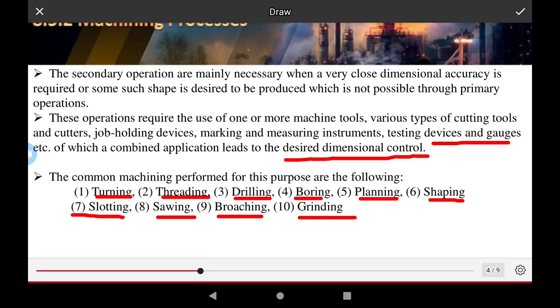These operations are part of the secondary manufacturing process, which is very important for achieving the material structure and dimensions with very high accuracy.